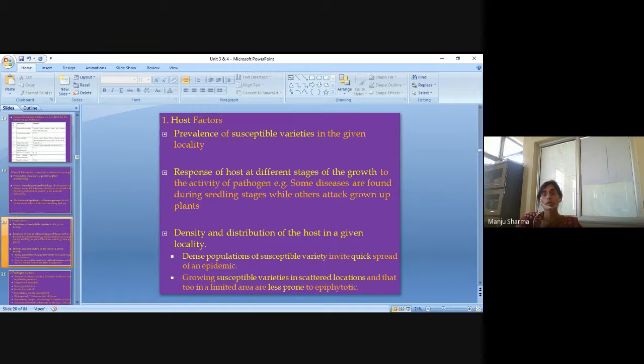For example, some diseases are found during the seedling stage, while others attack at later stages.